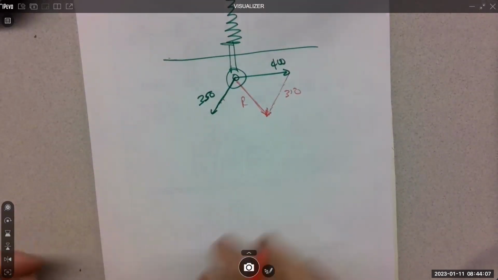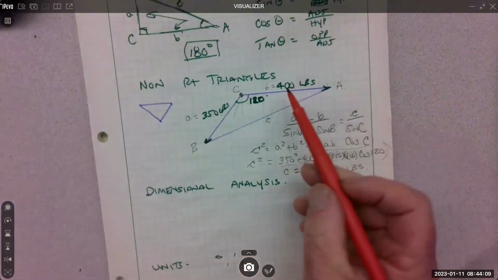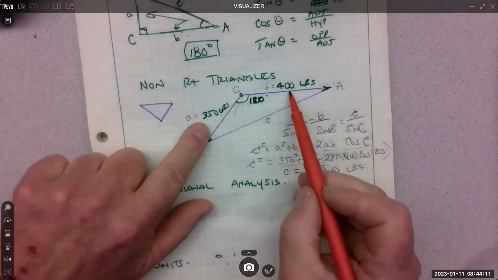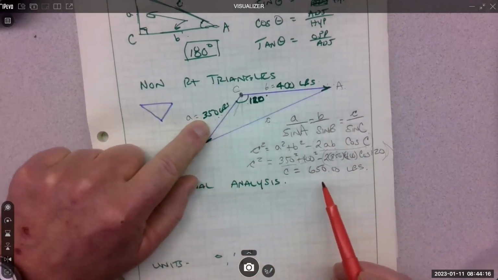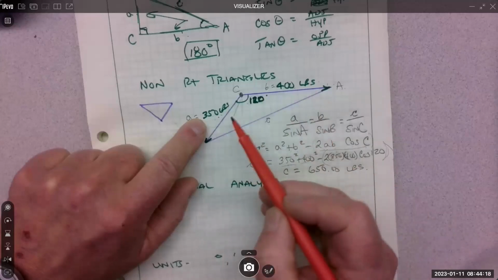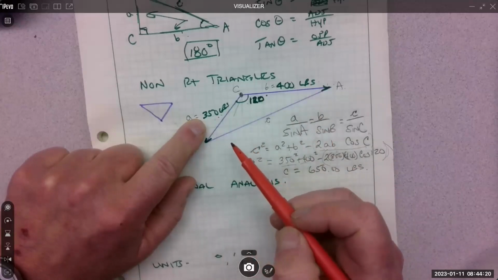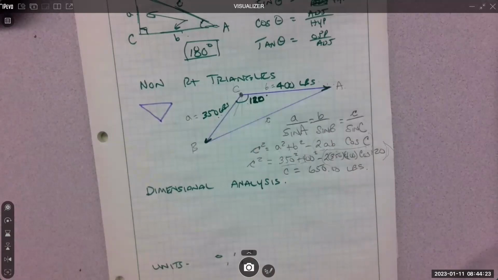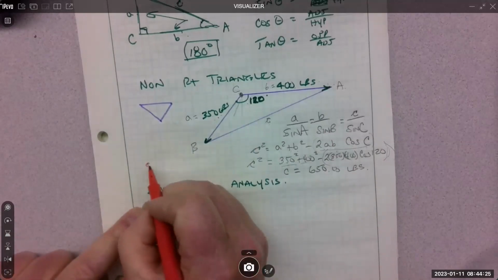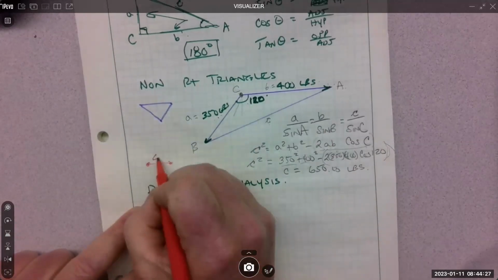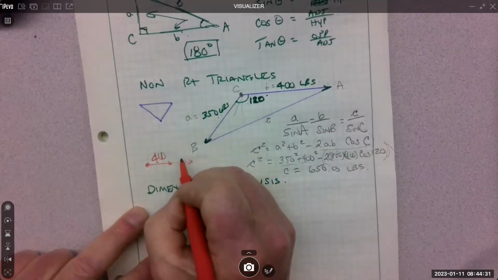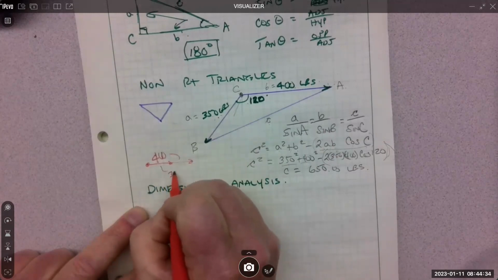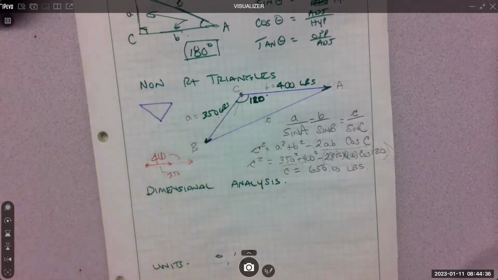So it's interesting that a vector of 400 plus a vector of 350 is 650 because of the angles in which they act on, right? The only time we can just directly add vectors is if we get a load like this, which we will get, 400 and, oh, I should make that one 400 and this one 350, right? If the two vectors are directly in line, then we can just add them up.